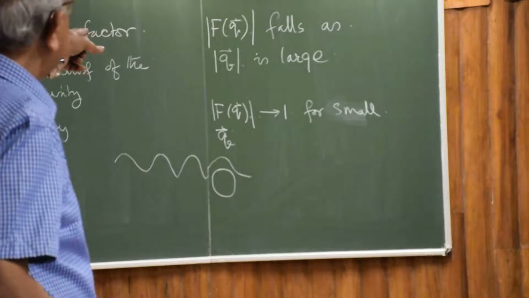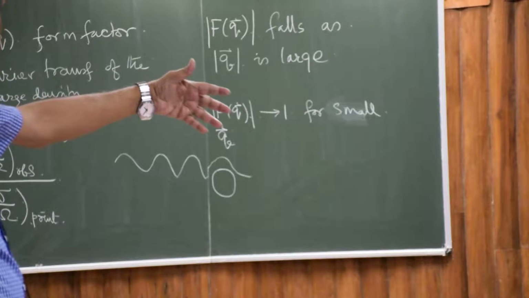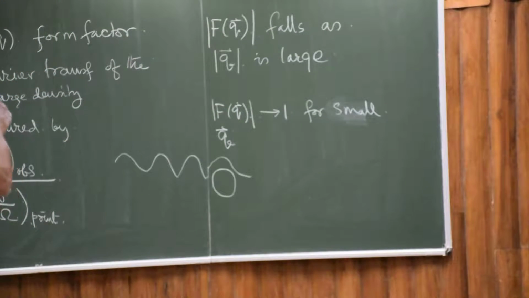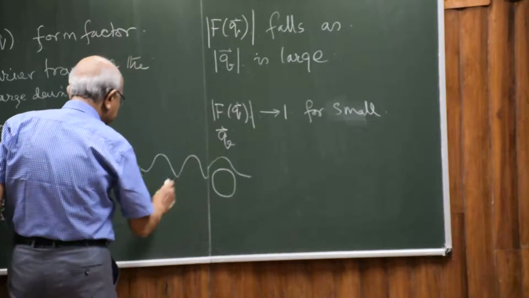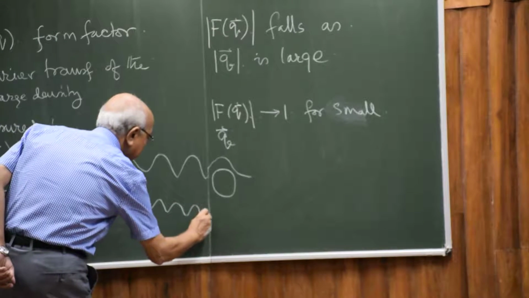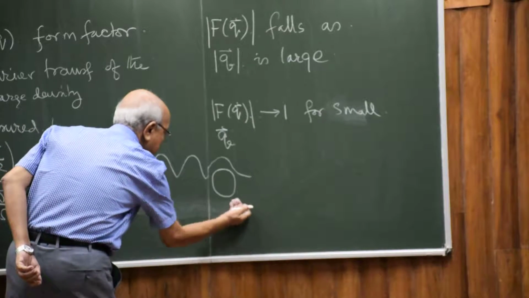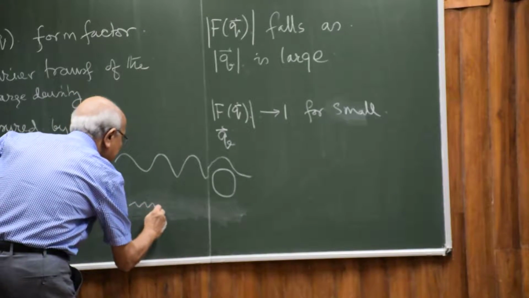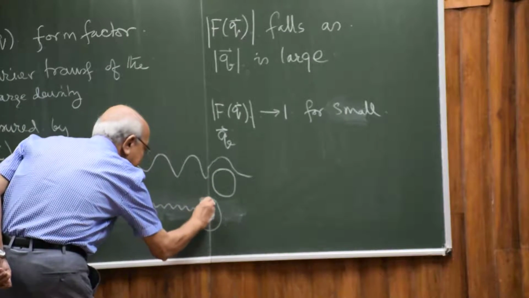Now when q is small, the de Broglie wavelength of the photon is large, and therefore it scatters from the entire charge distribution as a whole. In the other case, when q is large, something like this, or maybe to make it more dramatic, it is of the same size.